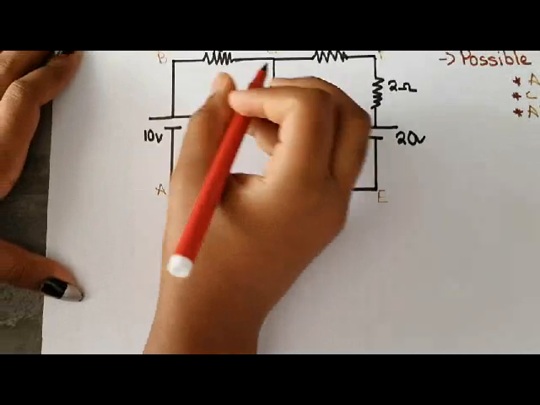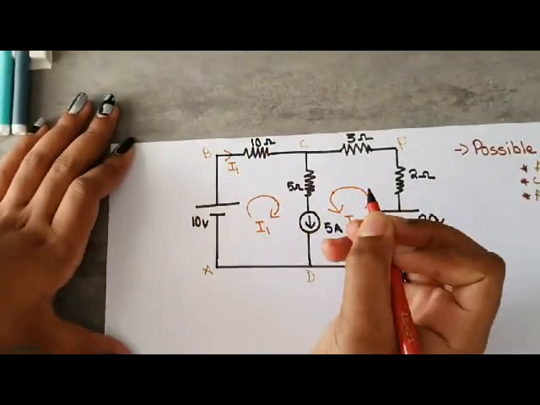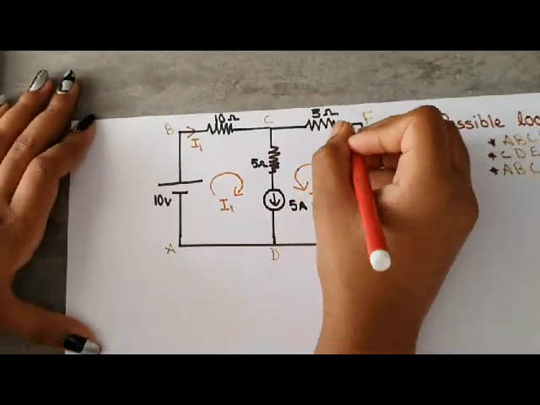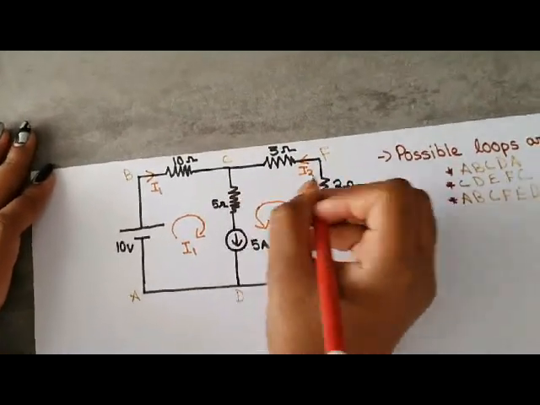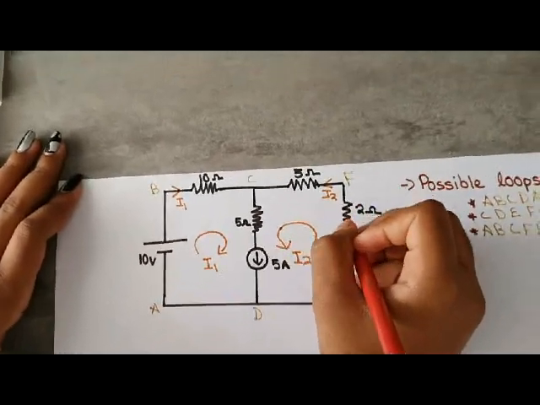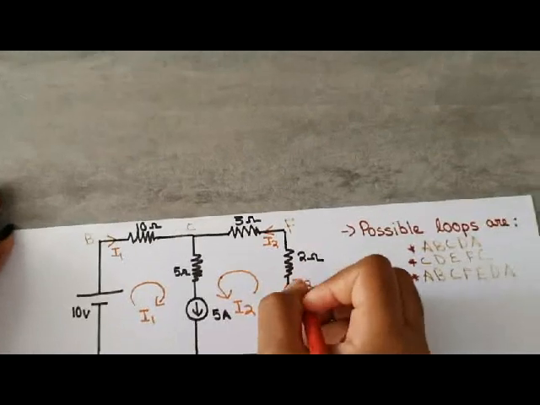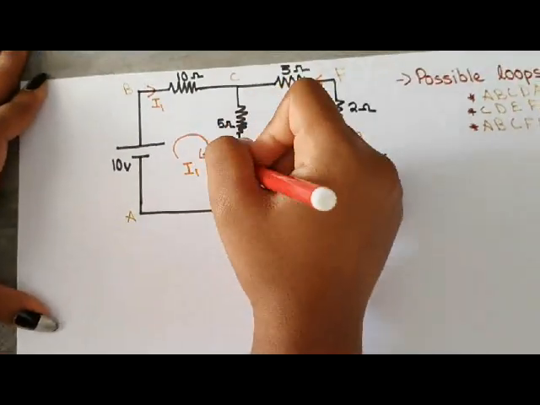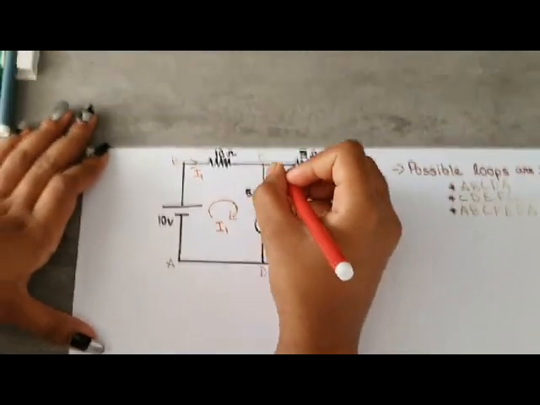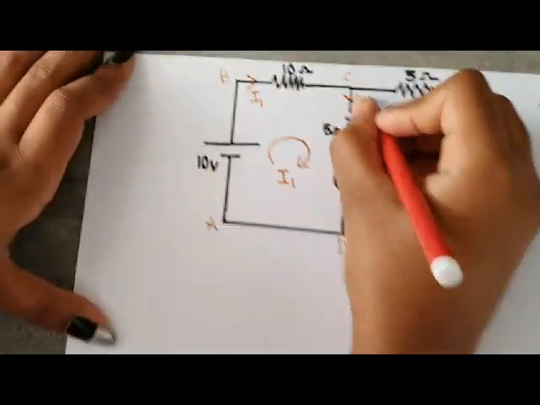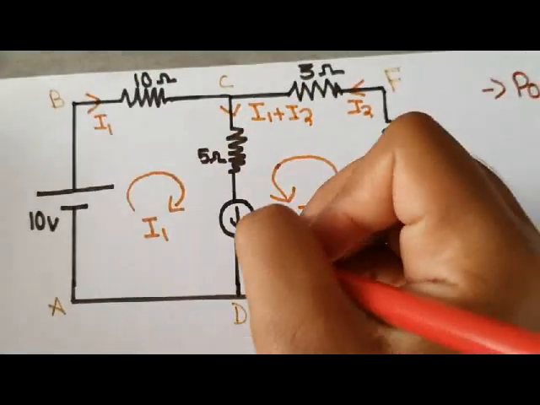B to C is I1, C to F is I2, and here it is I2 too. And here both I1 and I2 are flowing downwards, that means I1 plus I2 is passing through this.